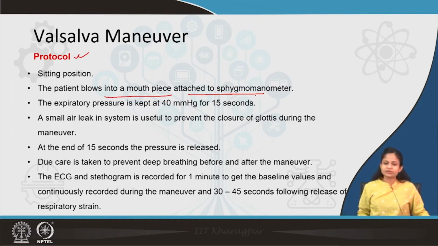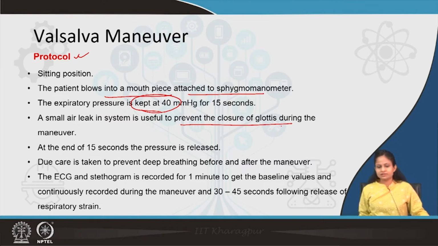The expiratory pressure is usually kept at 40 millimeter of mercury for 15 seconds, and a small air leak can be there in the system to prevent closure of the glottis during the manoeuvre, because Valsalva manoeuvre is nothing but forced expiration against the open glottis.